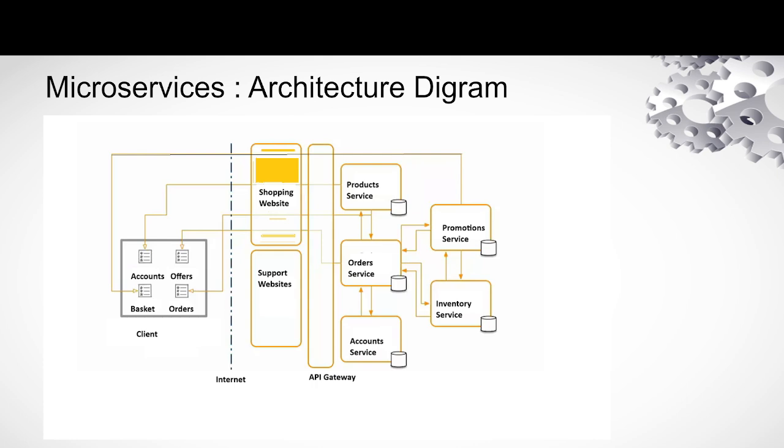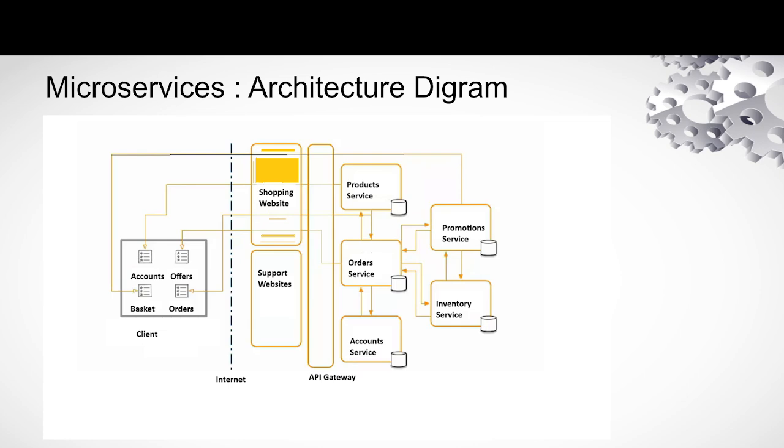There might also be multiple instances of each type of microservice. For example, if the order service is in demand, we might have several instances of the order service in order to satisfy the demand. In order to direct a request from the shopping website to the correct instance of the order service, we have an API gateway, which we will discuss in more detail in later videos.